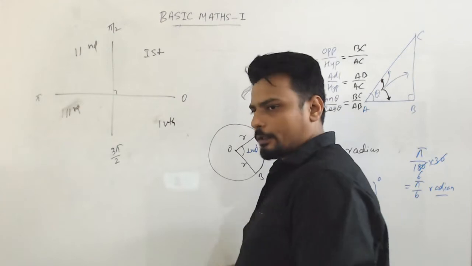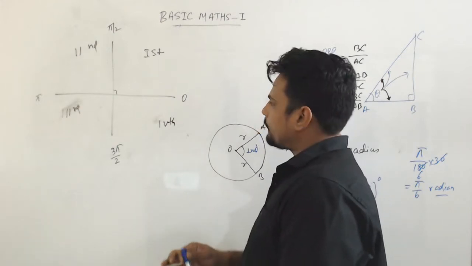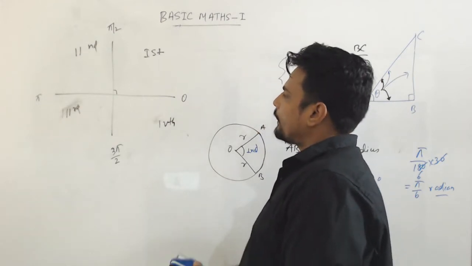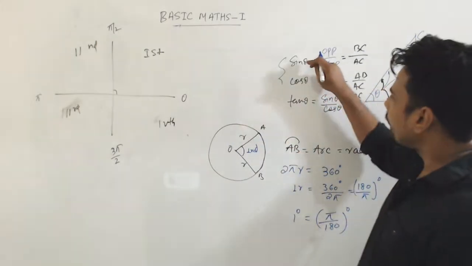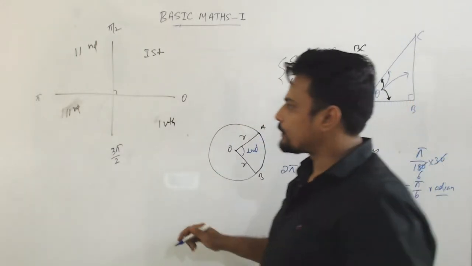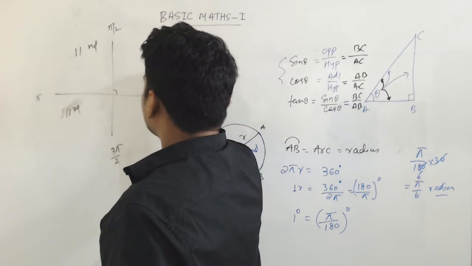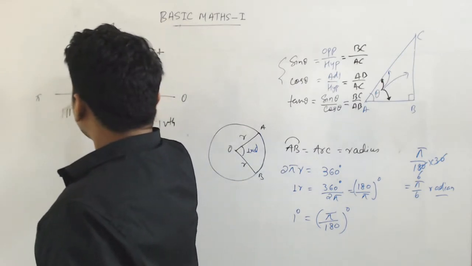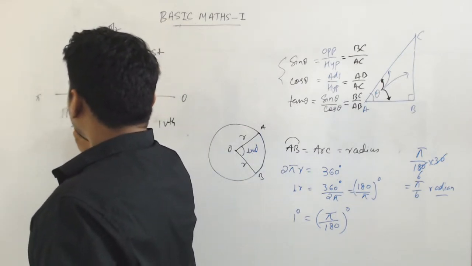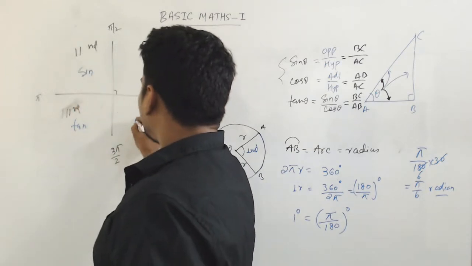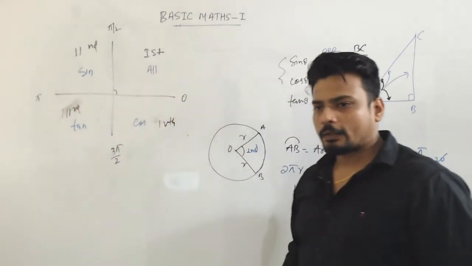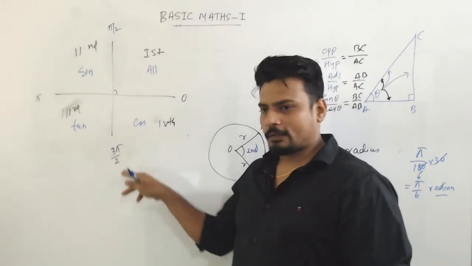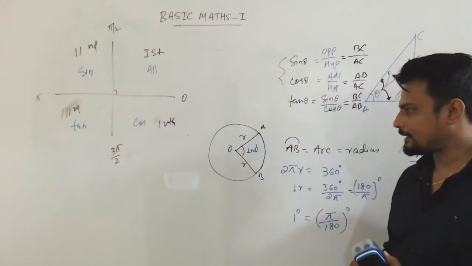One important thing to understand is that in the first quadrant, everything, sine, cos and tan, are all positive. So we write all positive. Here we have sine positive. Here we get tan positive, and here we get a positive value for cos. So all, sine, tan, cos, you can memorize it the way you want.